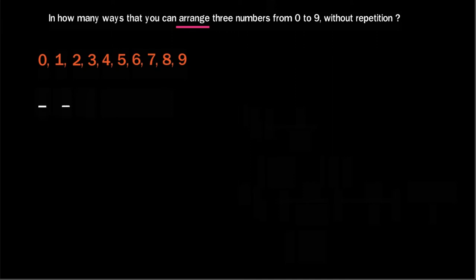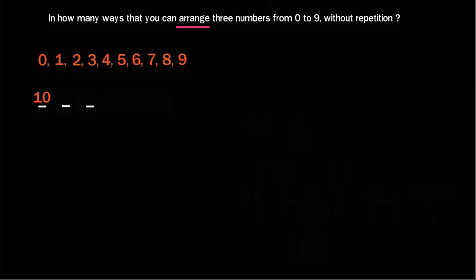So what is the possible number of outcomes for the first digit? We actually have 10 digits here. So first is 10. After filling out the first digit, how many possible digits can be in the second digit? Remember that it is without repetitions.